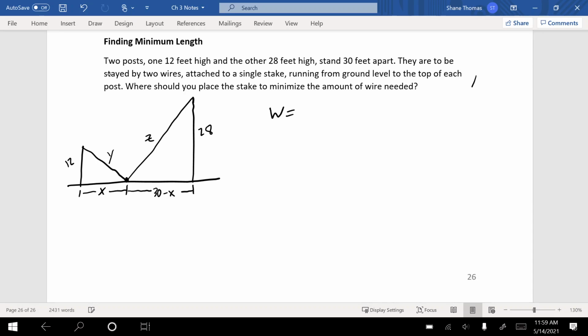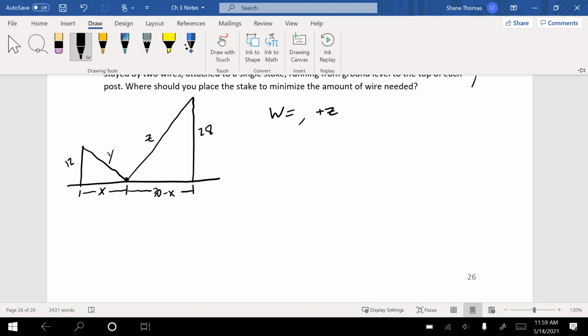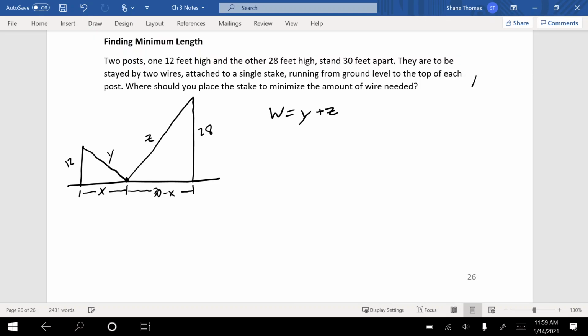So wire is equal to Y plus Z. That's the easy one. So that's our primary equation. Now, I see a little problem here. The problem is I have two variables there, and neither one of them is X. Agreed? But I also have two triangles here, don't I?